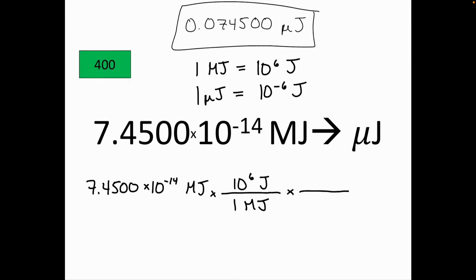So then I'm going to divide by the 10 to the negative 6 joules equals 1 microjoule. I punch that into my calculator and it says 0.0745. My units would be microjoules, but then I need to make sure to go back and do my sig figs. 7.4500 has 5 sig figs, so I'm going to need to tack 2 extra zeros onto the end there.